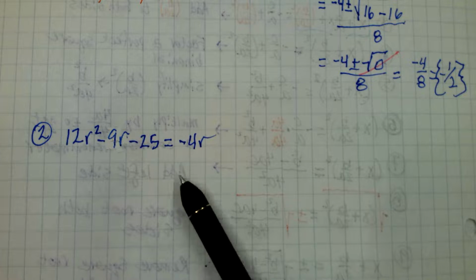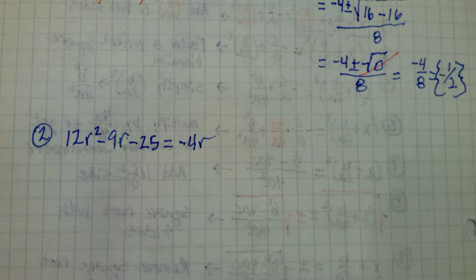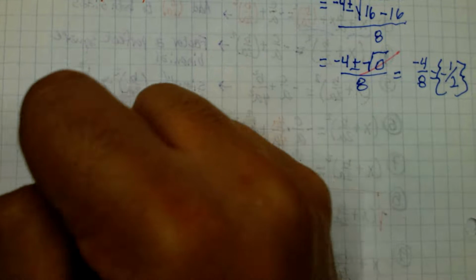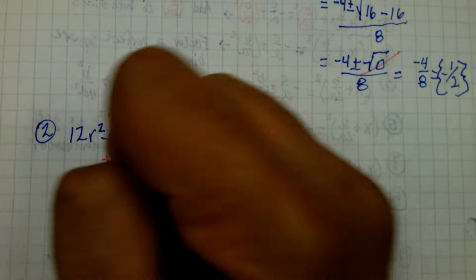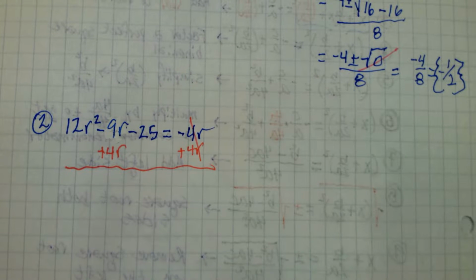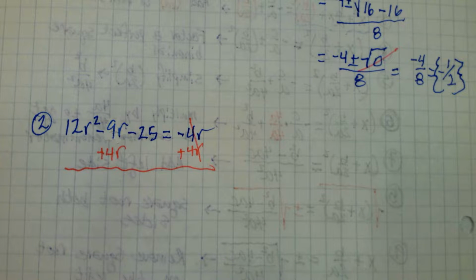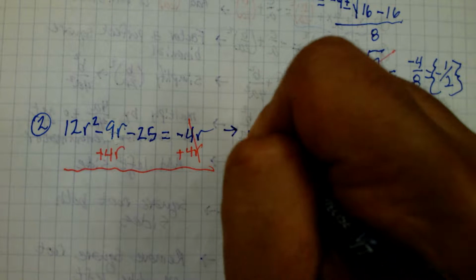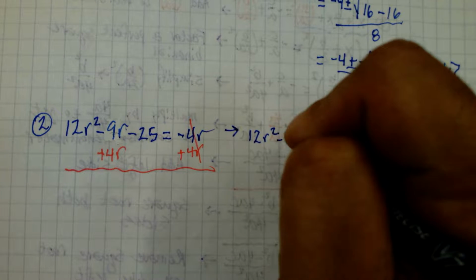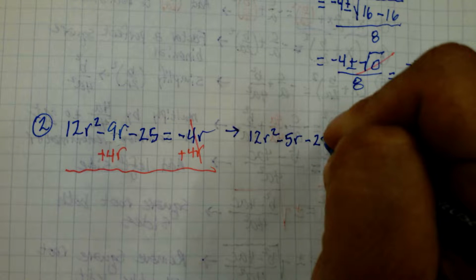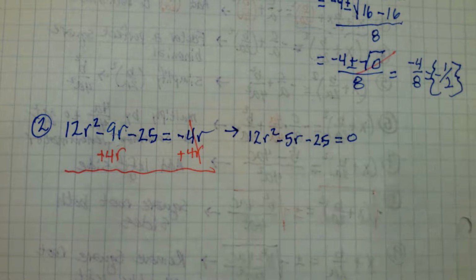So if you have something other than 0, you got to clean it up. So I'm going to add 4r on both sides. Now it's 0. So this is 12r squared minus 5r minus 25 equals 0.